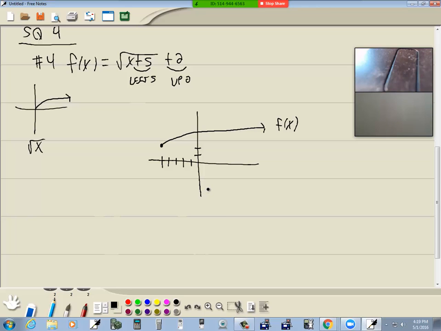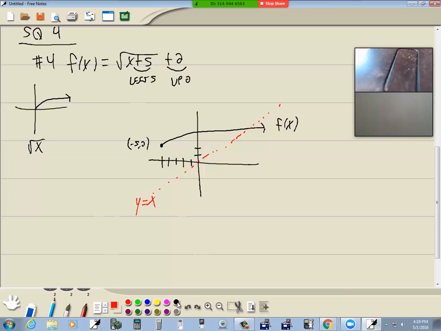Now it wants us to find the domain of the inverse. And this point here is negative 5, 2. So my inverse is going to be symmetric to this line. It's symmetric to the line y is equal to x.